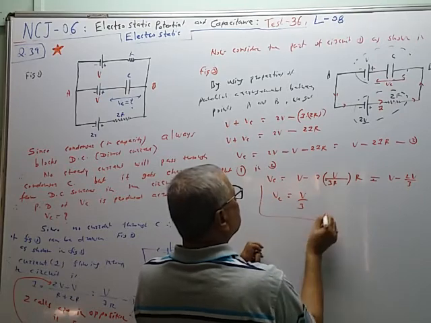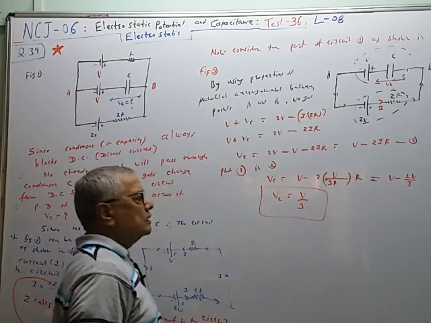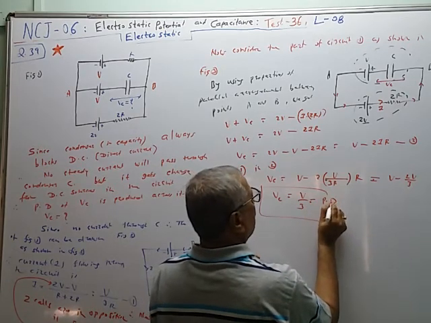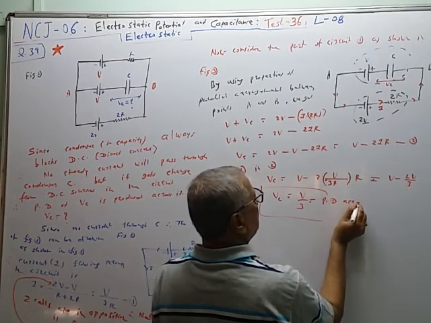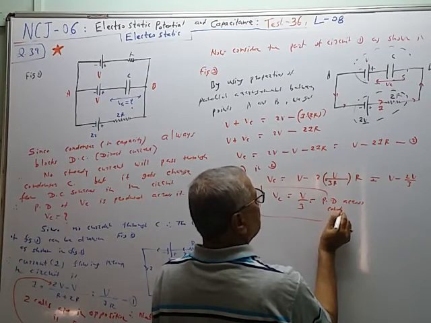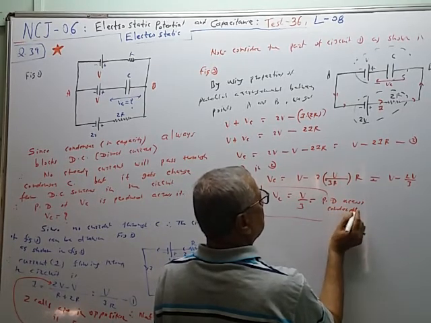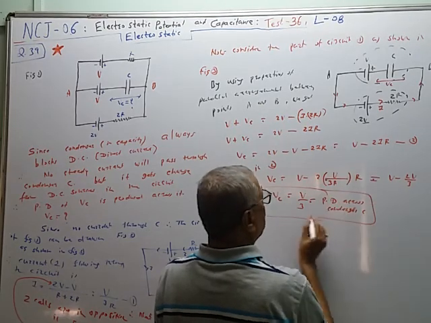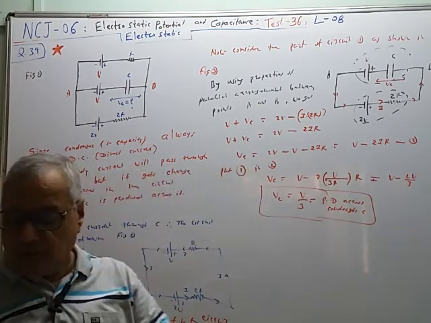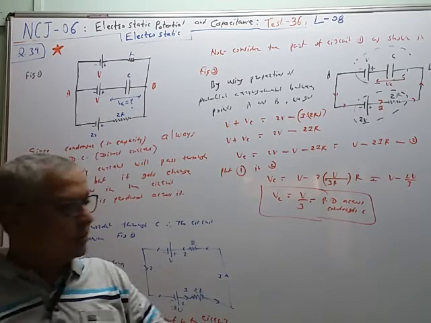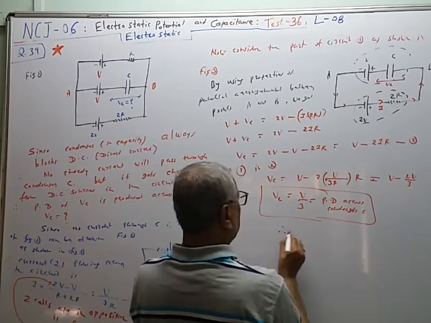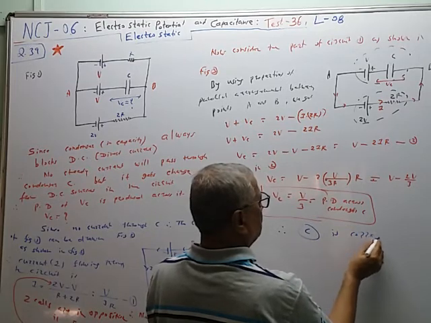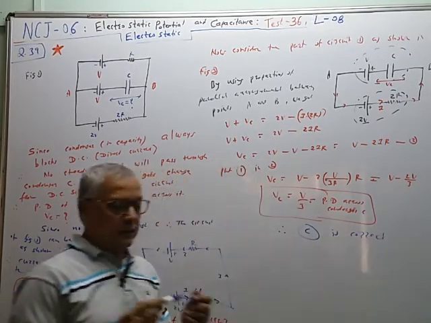So potential difference across the condenser C is equal to V by 3. Therefore, correct choice is C. C is correct.